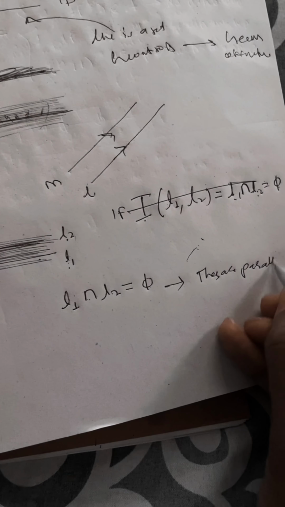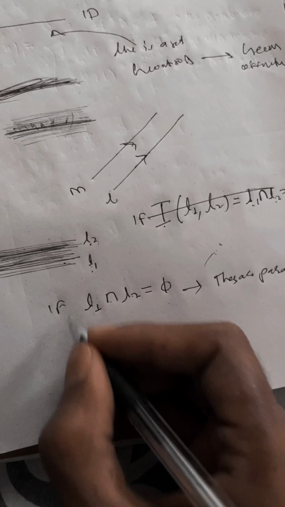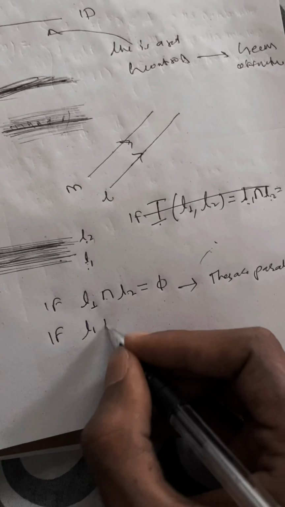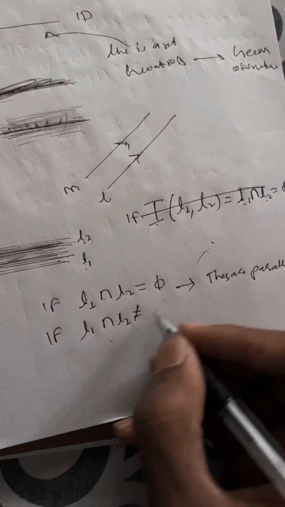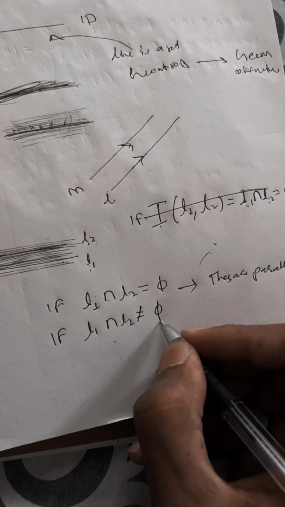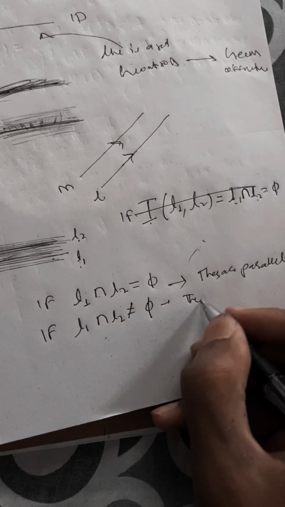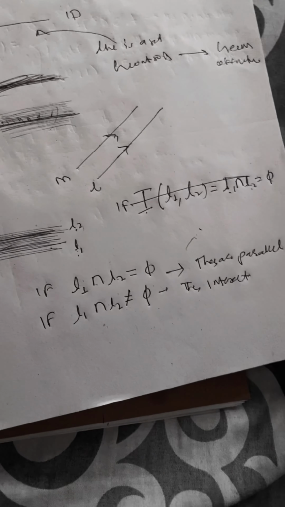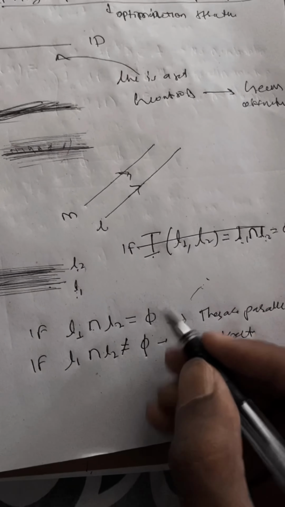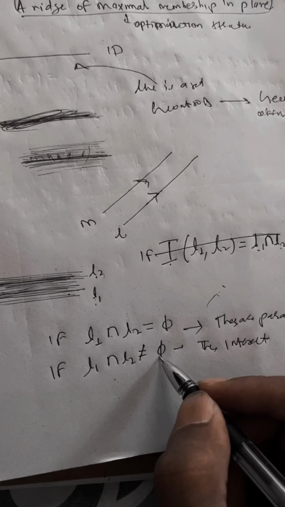But if L1 ∩ L2 is not equal to φ, it means they are meeting, they intersect. So this is binary, either they meet or they do not meet.